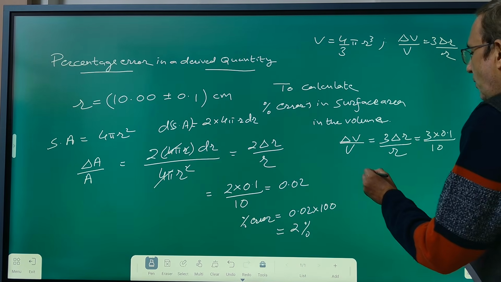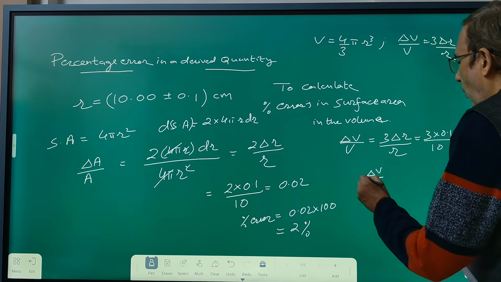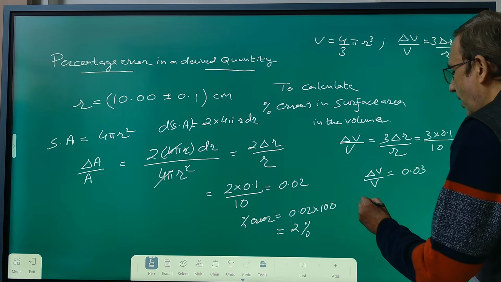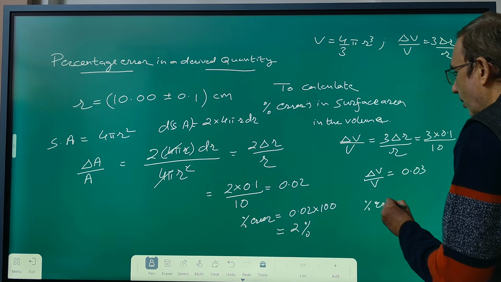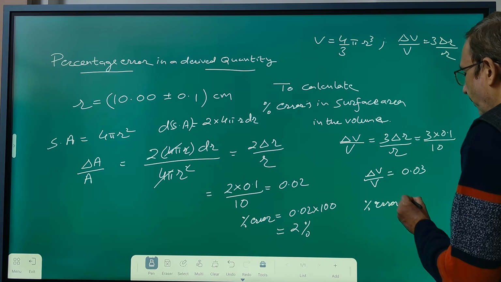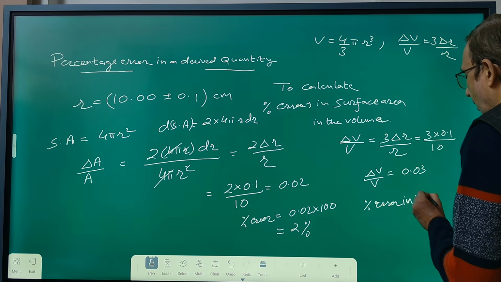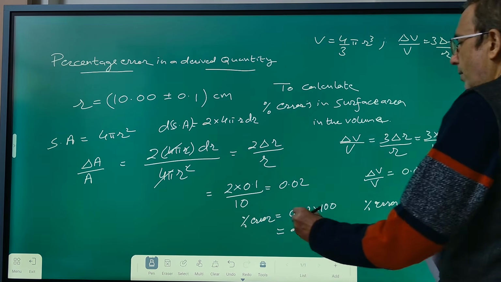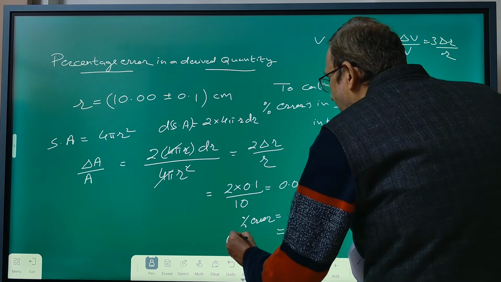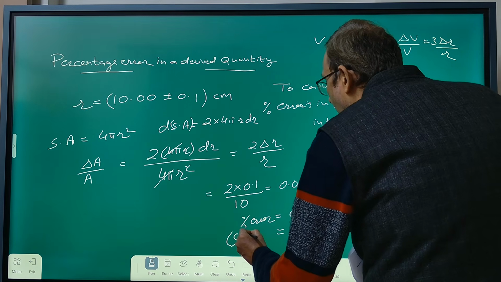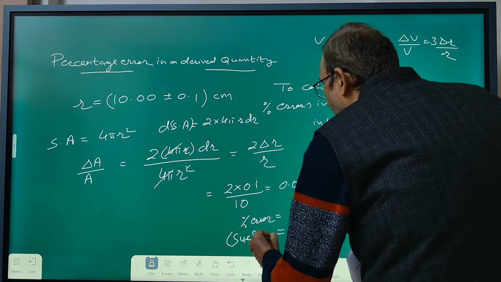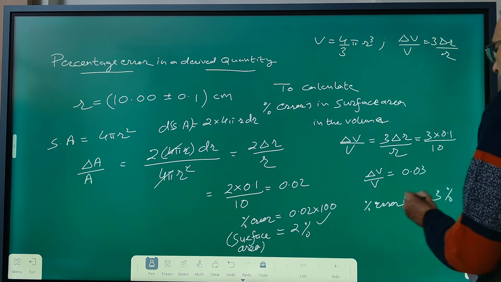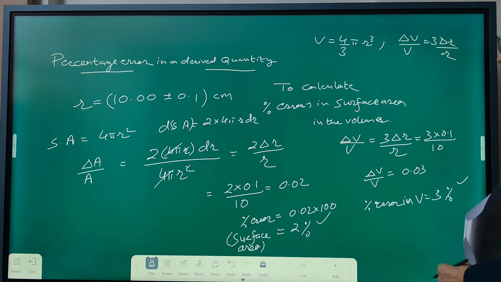And then you get delta V over V is equal to 0.03, and the percentage error in volume becomes 3%. So the percentage error in surface area is 2%, and the percentage error in the volume is 3%.